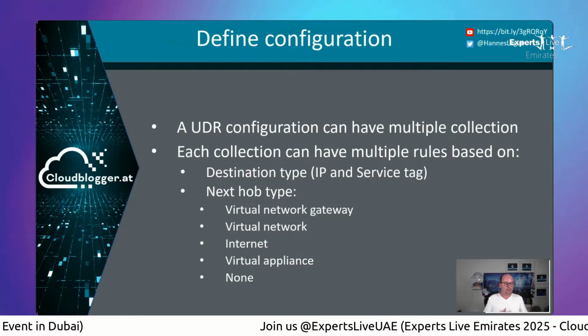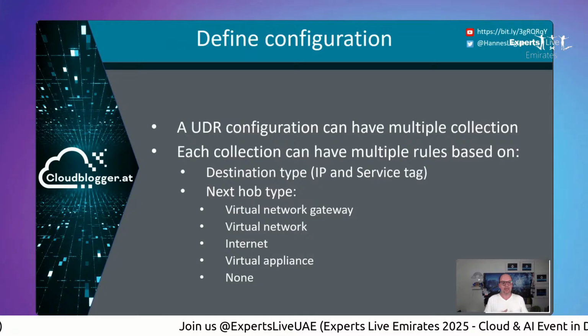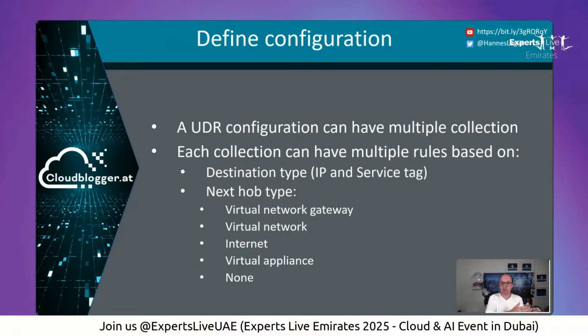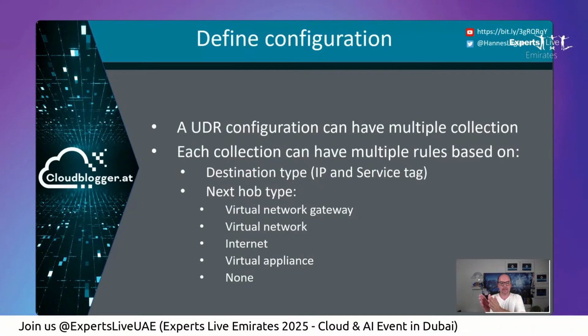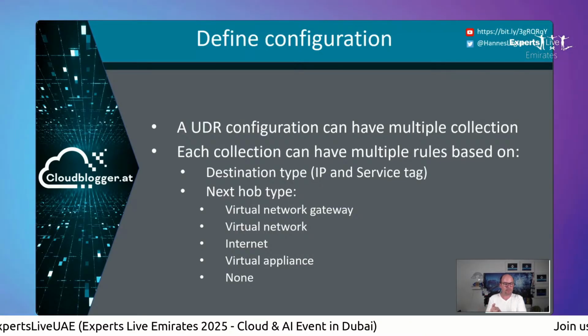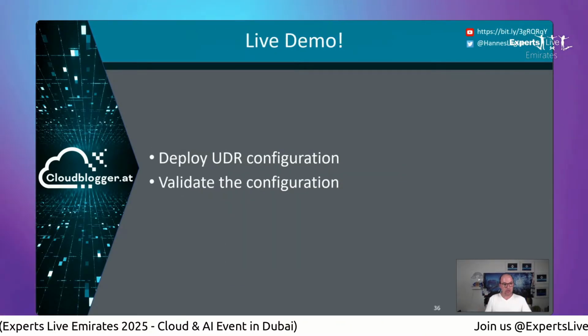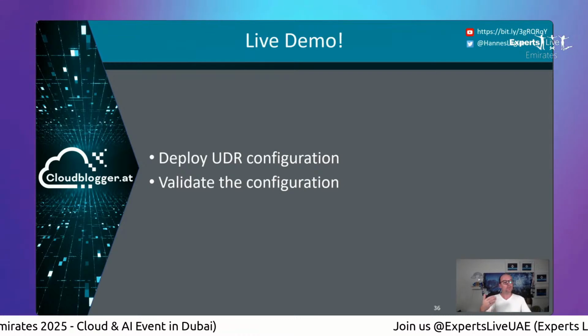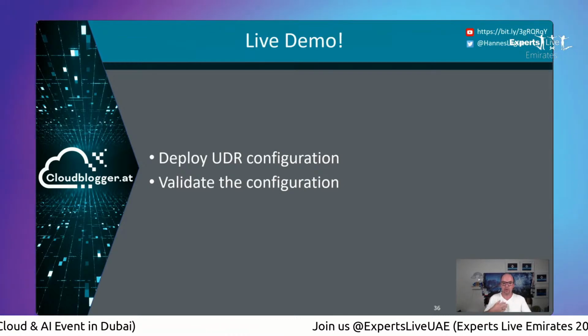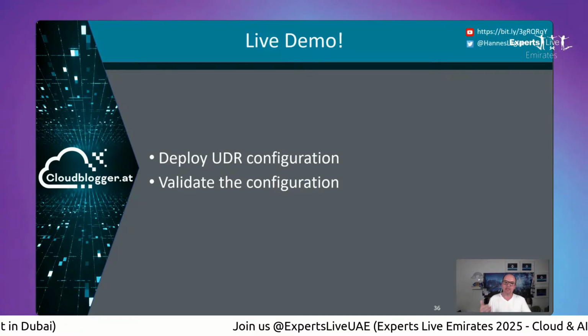And you also have the ability to assign the destination based on IP addresses or service tag, whatever you prefer. Let's go ahead and deploy the user-defined route configuration to my environment and also validate.